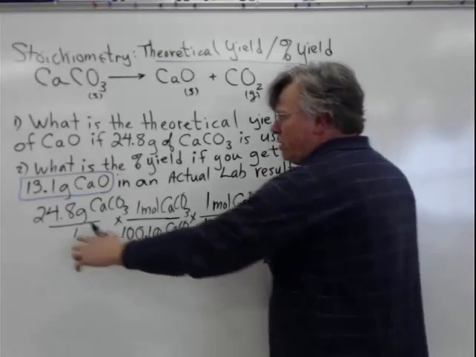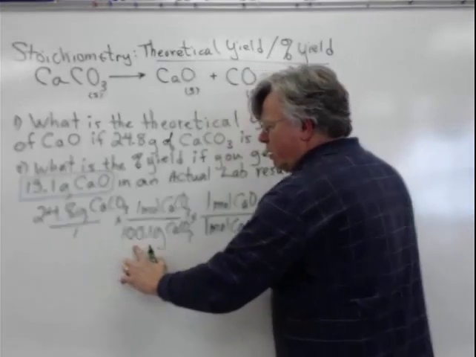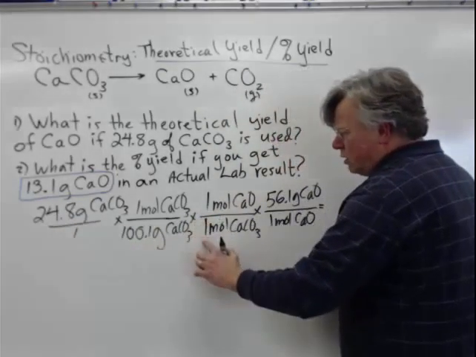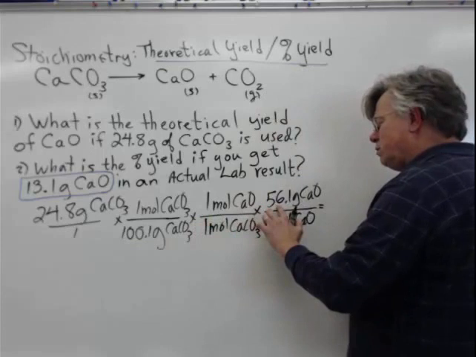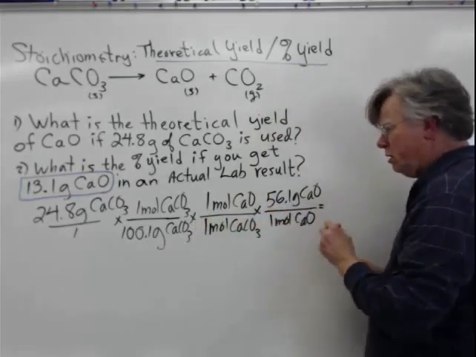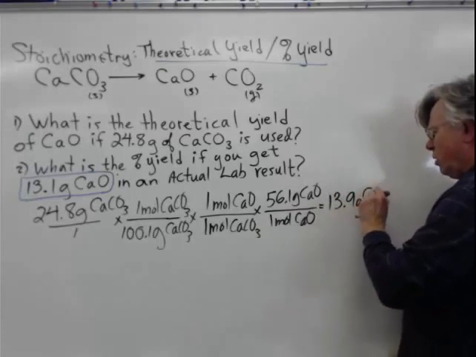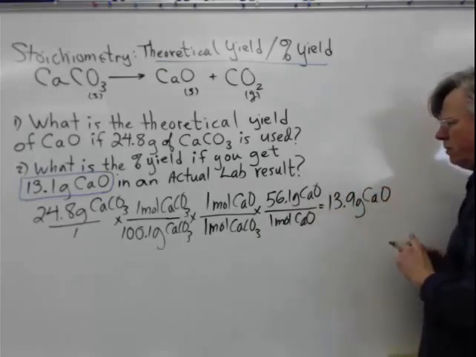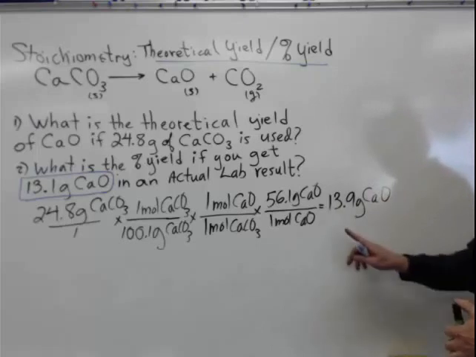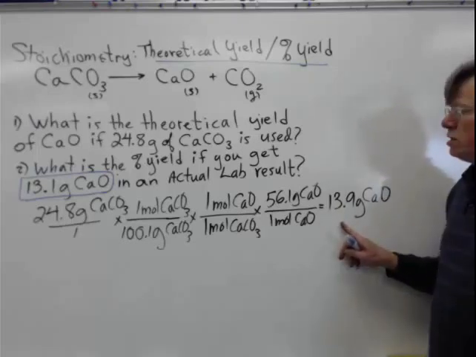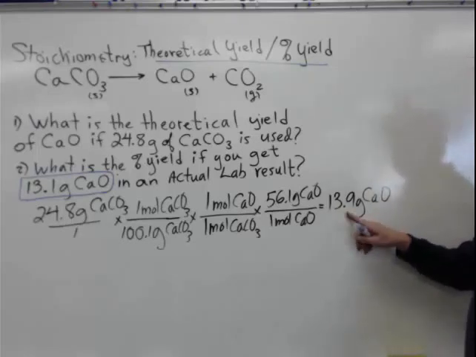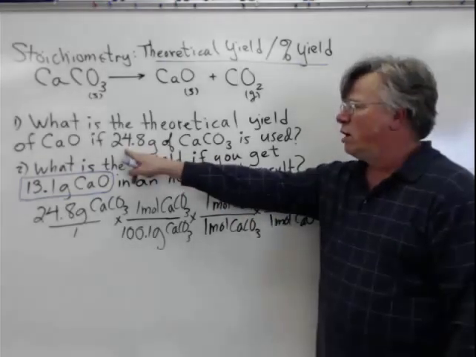So doing the math, 24.8 divided by 100.1 times 1 divided by 1 times 56.1 gives me a total of 13.9 grams of product calcium oxide. So that's the first answer, what is the theoretical amount I can make given this amount of reactant.